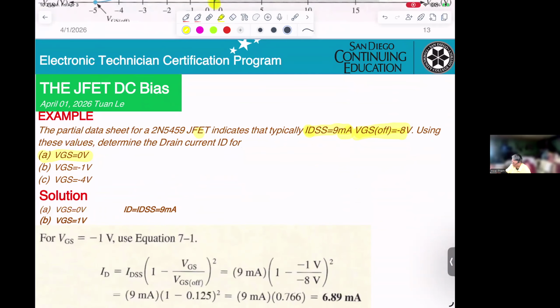That's what they're telling you. A, VGS equals 0, ID equals IDSS. Second thing, VGS equals minus 1 volt.